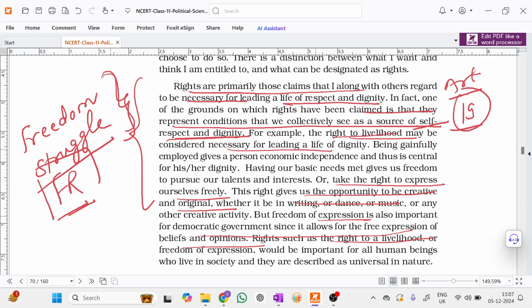And as you know, if you want to lead even a basic life, even if you want to become a simple primary school teacher, you should have the freedom and the right to pursue this career.